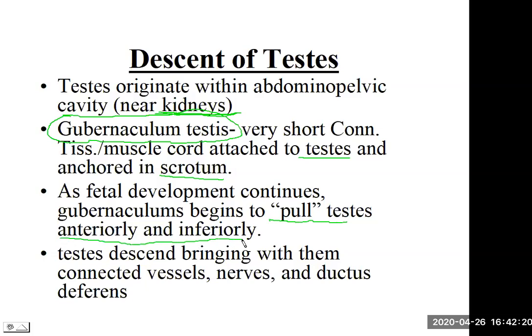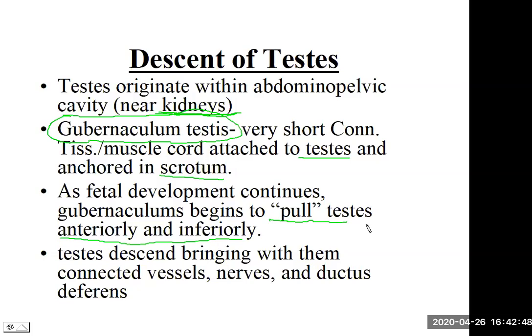So keep in mind the kidneys are towards the back posterior portion of the abdomen. So the testes need to be pulled forward anteriorly. And then from the area of the abdominal cavity, they need to be pulled down to the pelvic cavity, all the way down through the pelvic cavity, through the area of the inguinal canal, and then down onto the scrotal cavities.